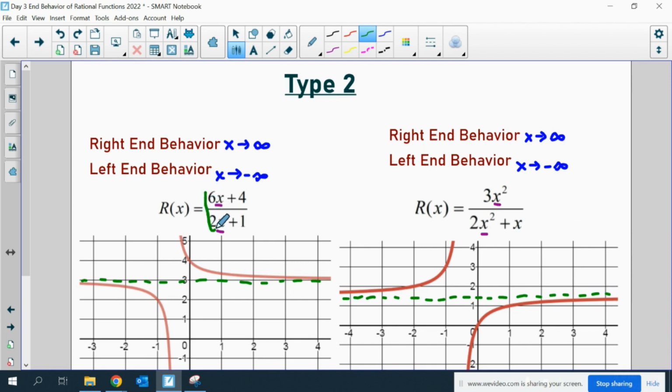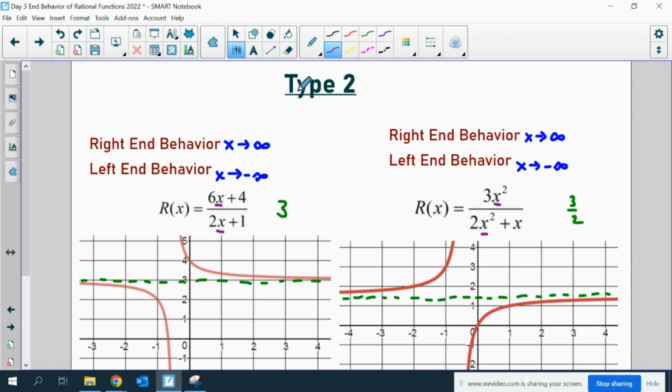What we learned last year, and it's still true because the math hasn't changed, is that we can divide the leading coefficients, and that will tell us what the end behavior of the polynomial is as we go off to infinity or negative infinity. If the powers are the same, we divide the leading coefficients. So 6 divided by 2 is 3, and 3 divided by 2 is 1.5, or 3/2. Notice that that's what our horizontal asymptote is.